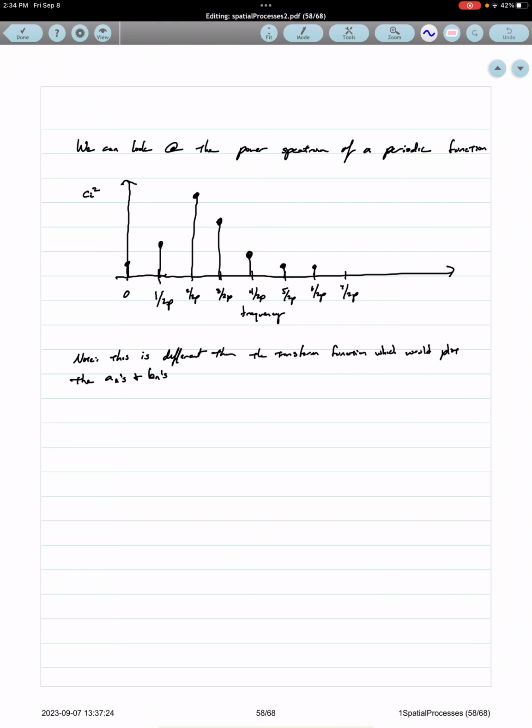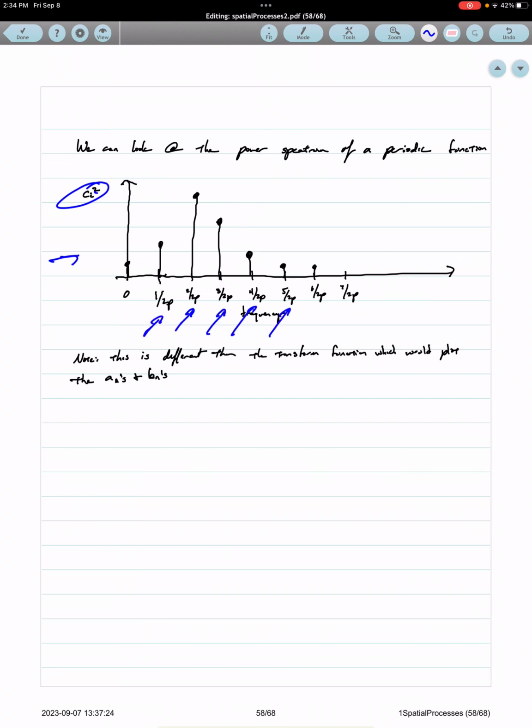And what this allows us to do is, one thing people do is look at the so-called power spectrum. So we can look at Cn squared in terms of each of the frequencies.